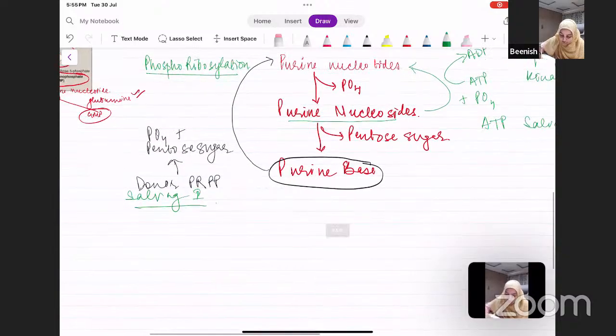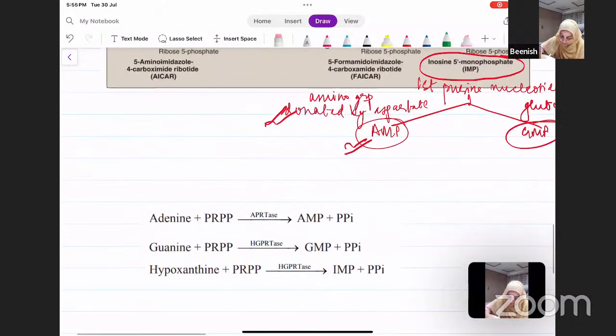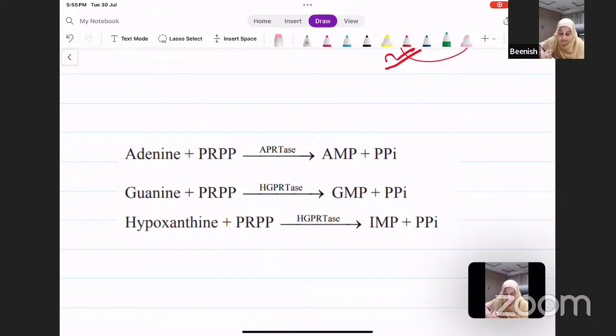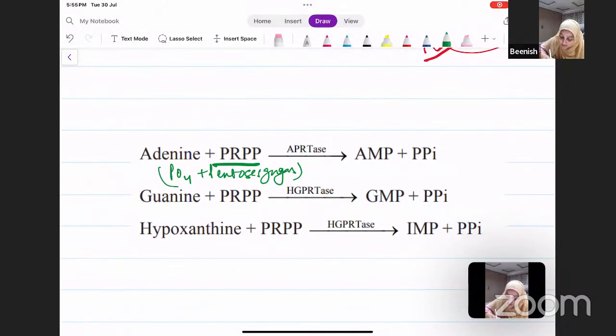Now let's talk about the reaction of salvage 1. For adenine, if your purine base is adenine, your donor for the phosphate and the ribose sugar is PRPP, like I told you. The enzyme is adenine phosphoribosyl transferase, represented as APRTase.